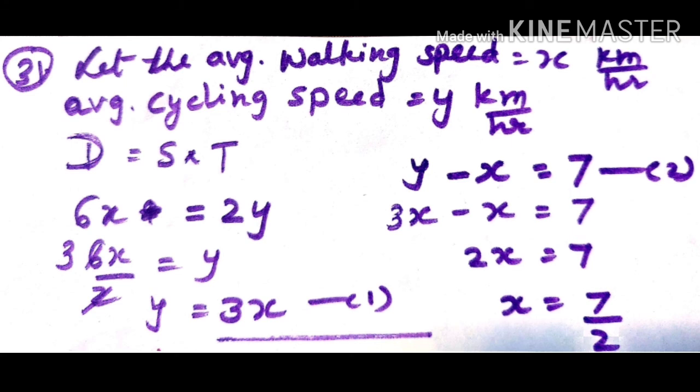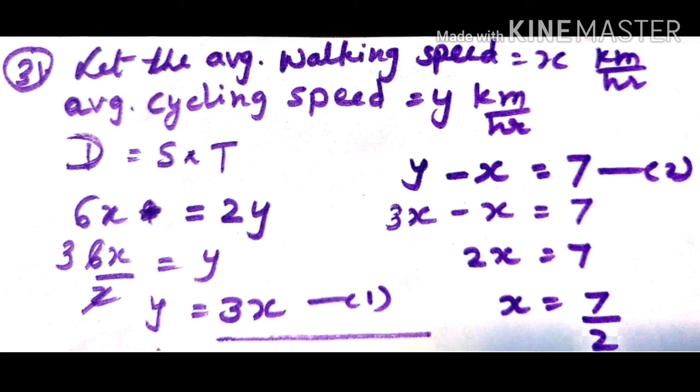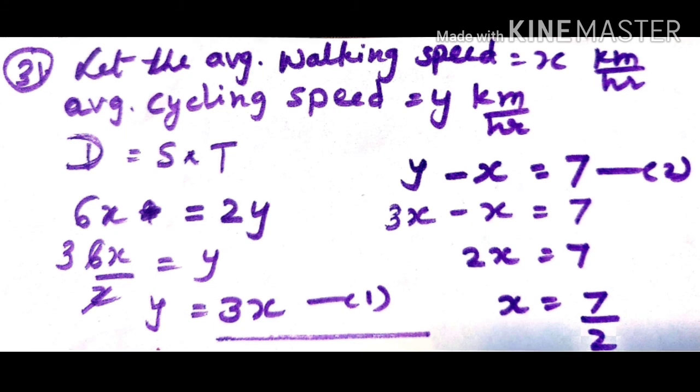So here we want to find his walking speed and cycling speed. So I have let the average walking speed be x km per hour and the average cycling speed be y km per hour, which we want to find out. Now again students, this is based on time and distance, so I have used my distance formula. Distance formula is speed into time.